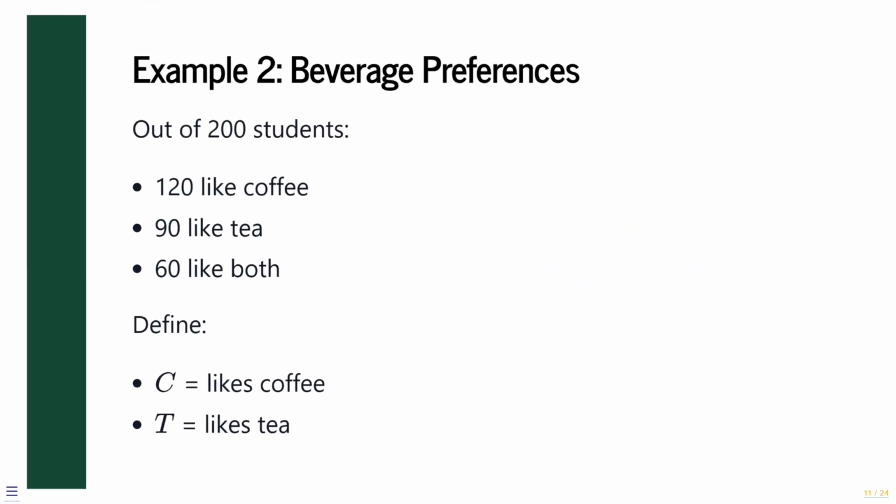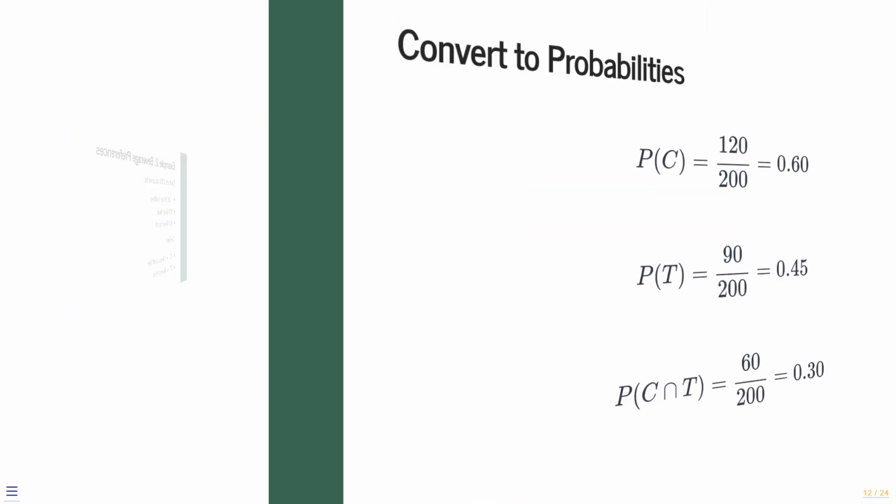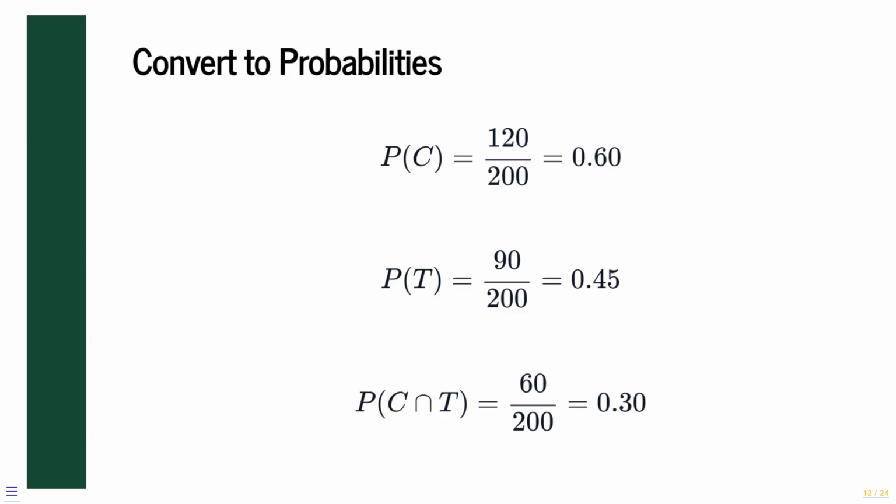Now consider example 2, involving beverage preferences. Out of 200 students, 120 like coffee, 90 like tea, and 60 like both. Let C represent liking coffee and T represent liking tea. Converting to probabilities, we find the probability of C is equal to 0.6, the probability of T is equal to 0.45, and the probability of C intersection T is equal to 0.30.